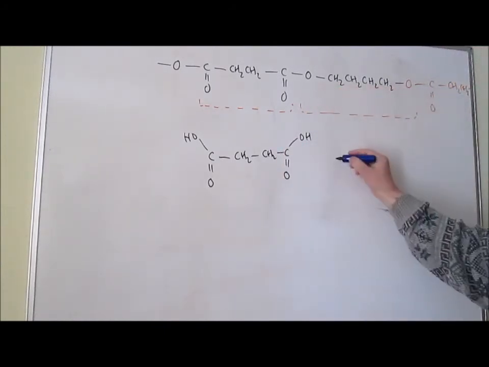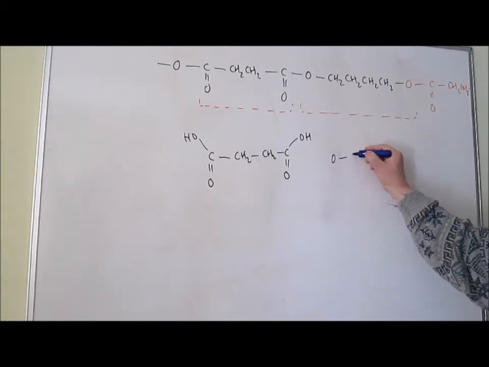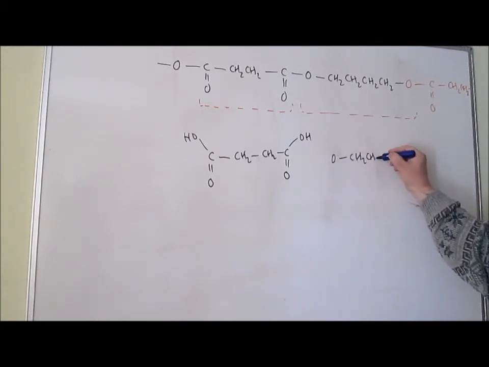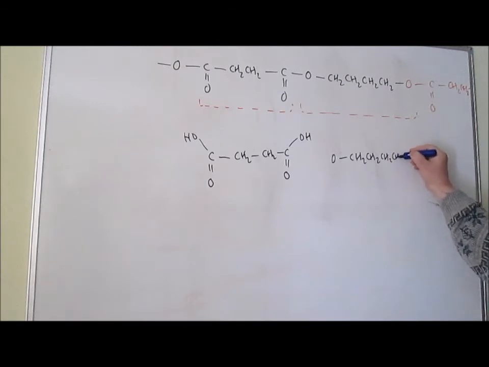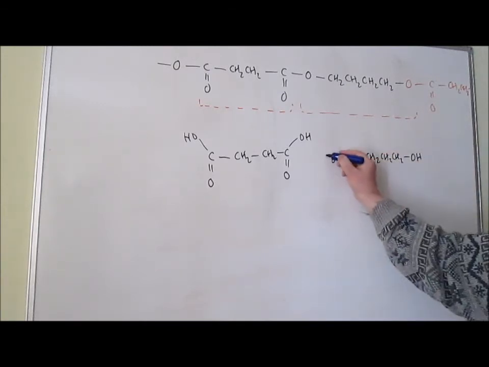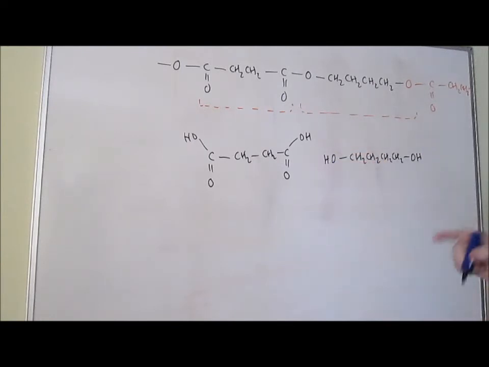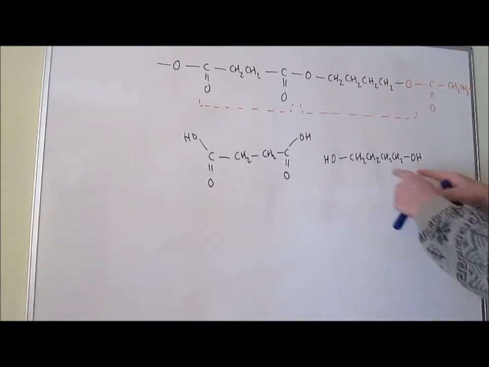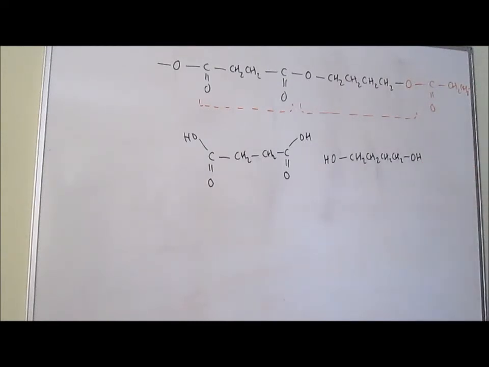And then again you copy out this section with the oxygens, and those oxygens come from OH groups, so from alcohol groups, and so those would be your two monomers in that case. You do the same thing if these were NHs to form a polyamide, and again you just add the extra H on the end to make primary amino groups.